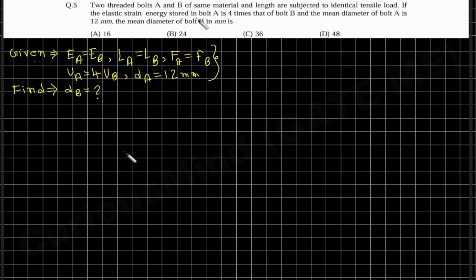Hence, what we need here is an expression or formula of the elastic strain energy associated with an axially loaded member, which in this scenario is a threaded bolt.